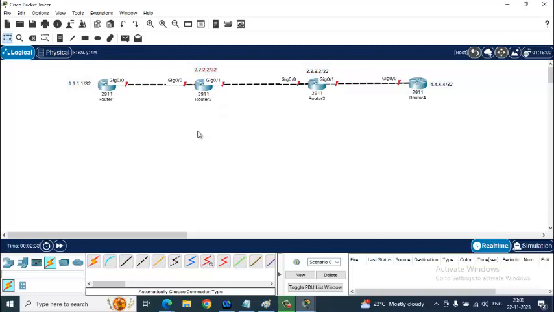I'm making it discontinuous to understand the version, classful and classless. So on this router, I'll say 10.34.0.3. This 3 is classless. Here also .3, here I'll say .2. Because for router 2, I'm going to say .2 on the host portion.